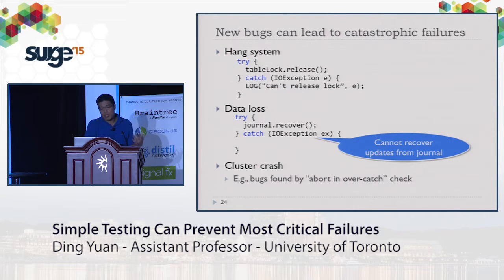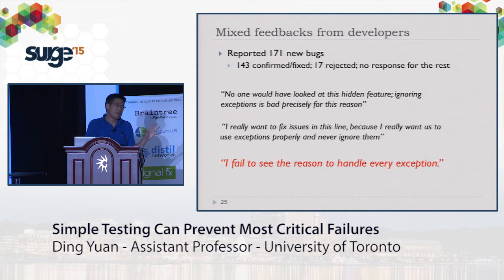And we reported 171 bugs to the developers, and we received mixed feedback. A lot of the developers welcomed our patch and said a lot of good things about it. For example, one said no one would have looked at this hidden feature, and ignoring the exception is bad precisely for this reason.